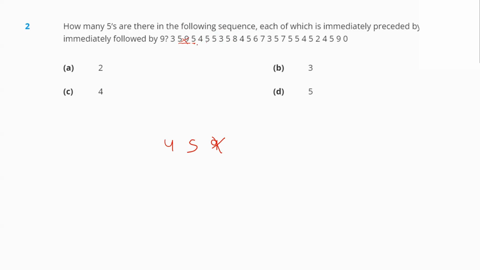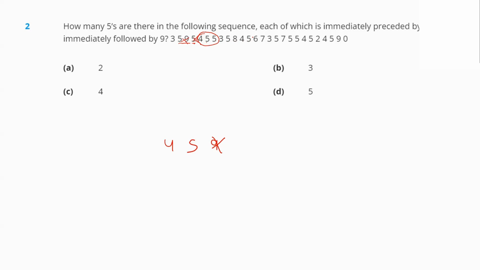No, in this the 4 is following it, not preceding it, so this will also not count. This is our 1. And this 4 is preceding 5. Then moving next.